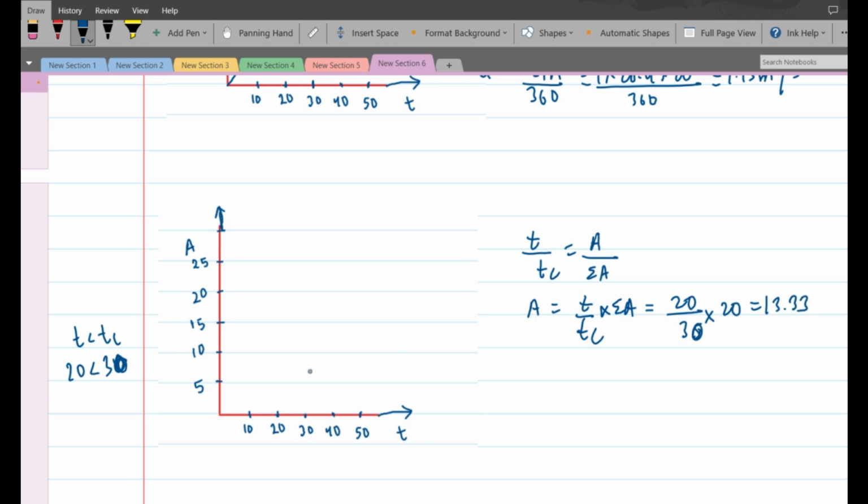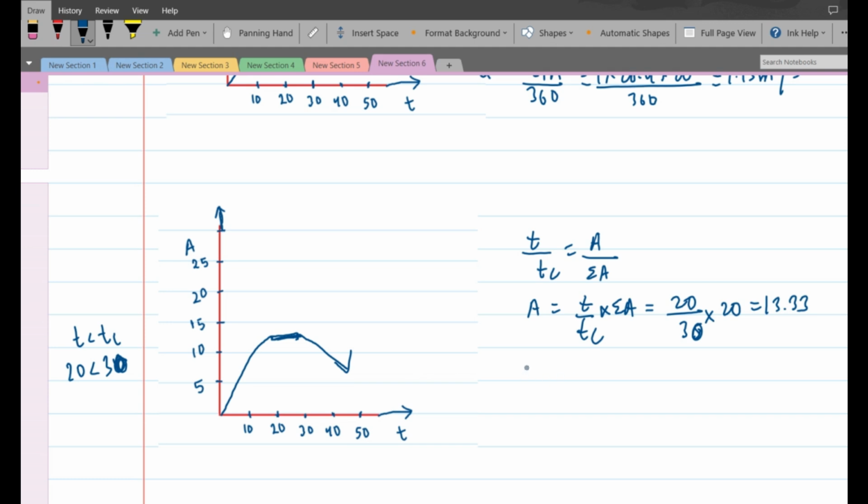Now A is 13.33 around here in 20 minutes, right? So at 20 minutes it is 13.33, it will go up to 30 minutes, and then it will come downward, right?